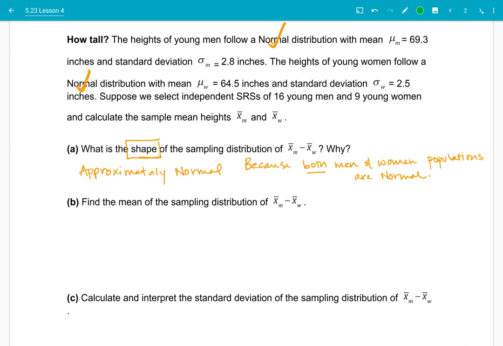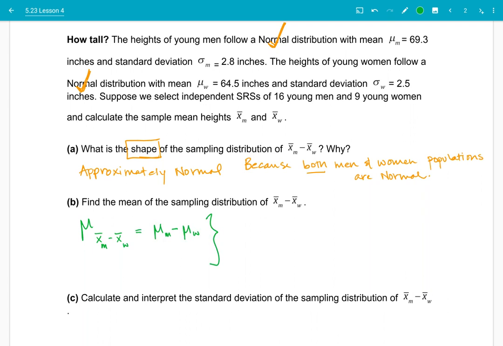Okay, so let's use a notation. The big thing right now isn't understanding, because we've done this for a while. It's going to be notation. So the mean of our sampling distribution of the difference between, oops, I wrote 1 and 2. I'm used to that. Men and women are going to be the same as the mean difference in their populations, which is mu of men minus mu of W. And then we can use our numbers.